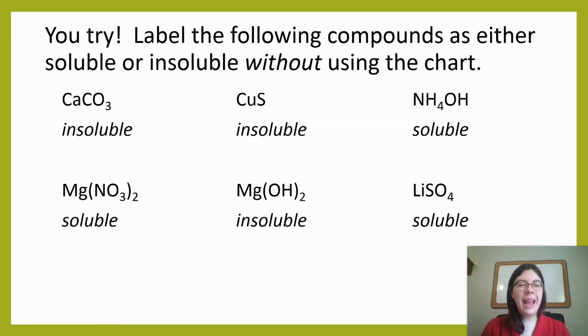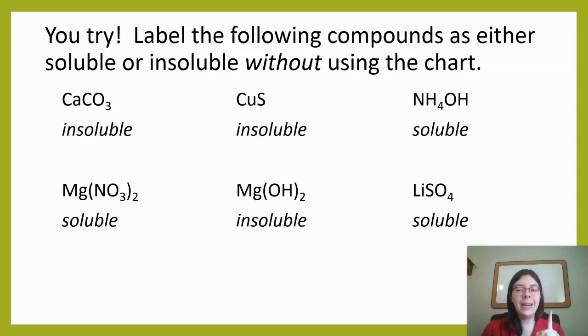Okay, let's talk through these. The first one, calcium carbonate. It doesn't have an NA in it, but it does have carbonate, which is part of COPS. So that is insoluble. Next one, copper sulfide. Again, we do not have any NA species, so we look at the S for the sulfide, which makes it insoluble. The next one, ammonium hydroxide. We have Rule 1, which is our ammonium, and Rule 2, which is our hydroxide.